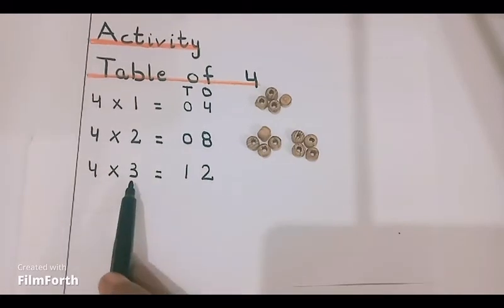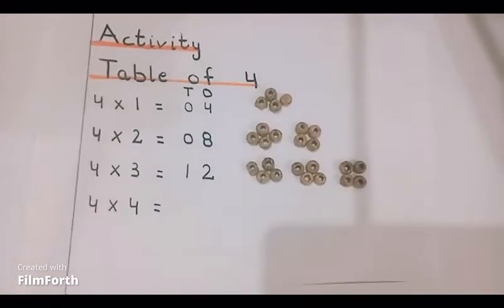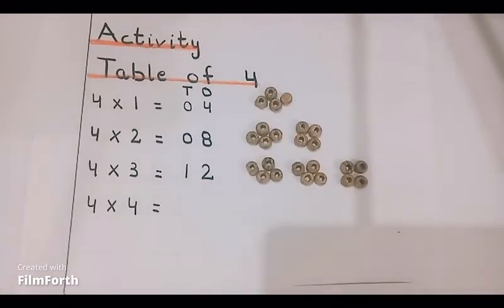We will have to make 3 sets of 4. Look at here students. How many sets of 4 are here? Here are 3 sets of 4. Let's count. 1, 2, 3, 4, 5, 6, 7, 8, 9, 10, 11, 12.